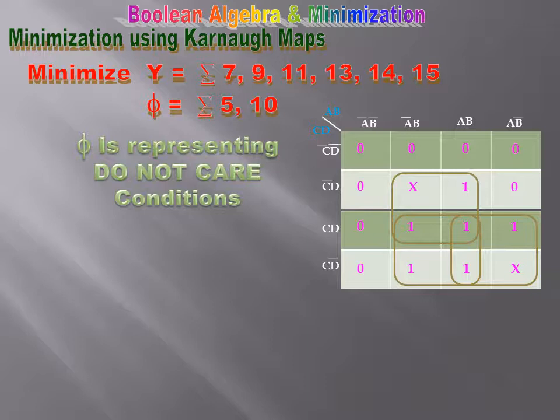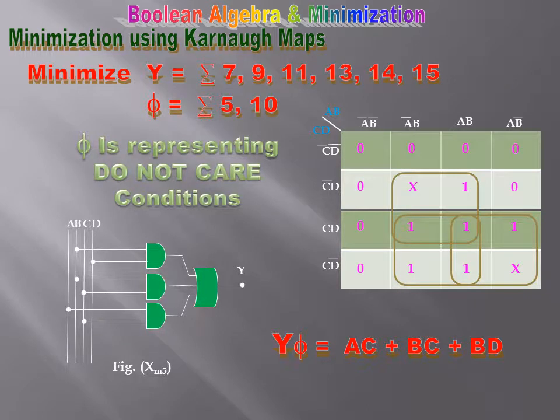So we'll try to make chords. The four chords are formed, and the solution of these chords with the help of these don't care conditions is y equal to AC or BC or BD.